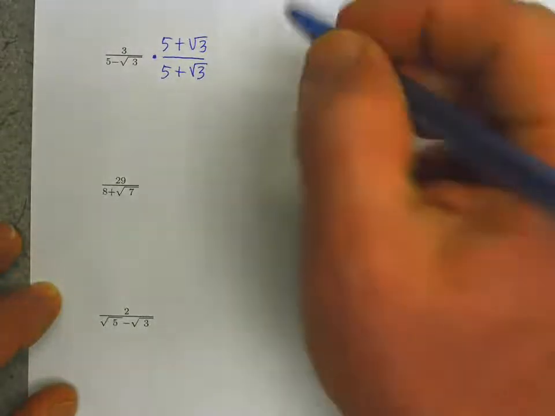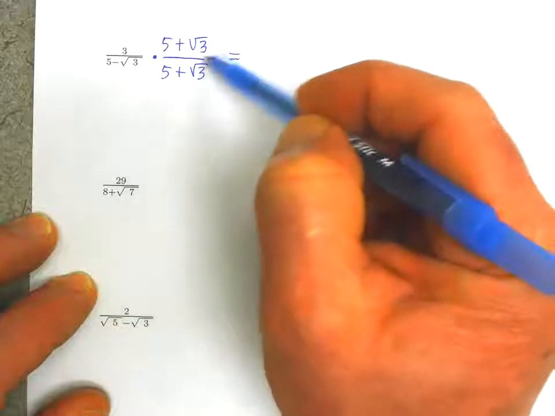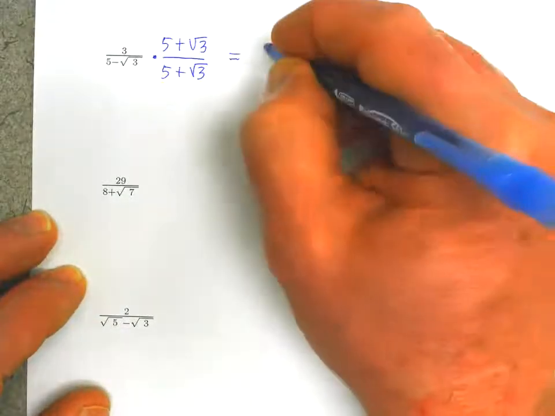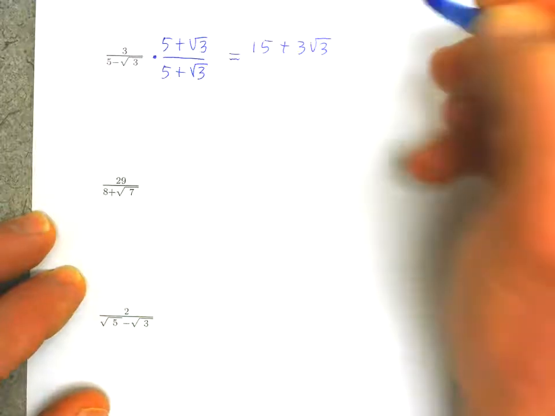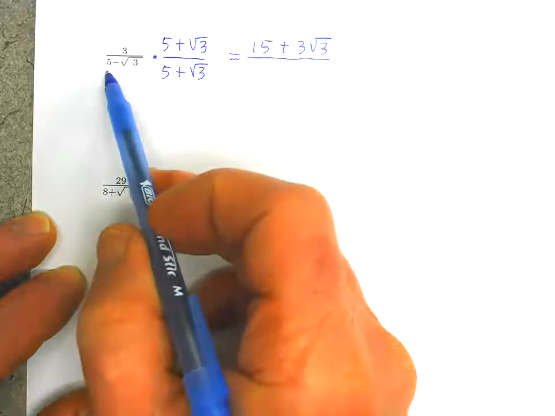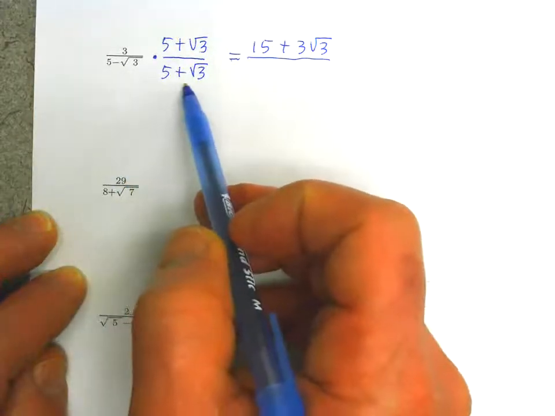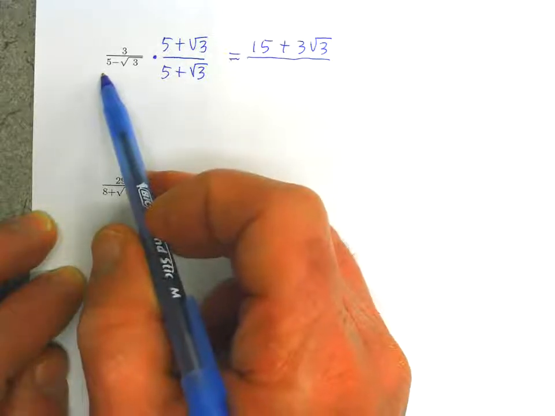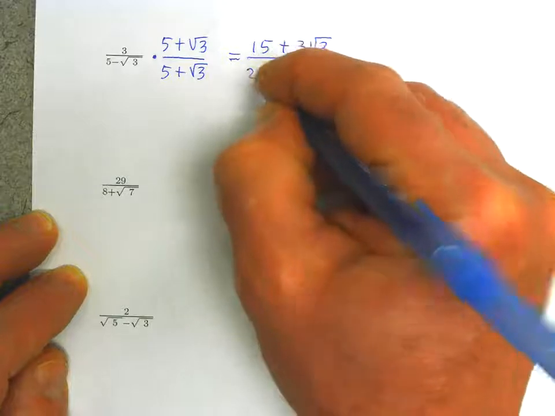Okay, so we multiply the numerators. 3 times the entire sum is 15 plus 3 times the square root of 3. And then in the denominator, we multiply the two denominators the same sort of way that we would multiply two binomials. 5 times 5 is 25.